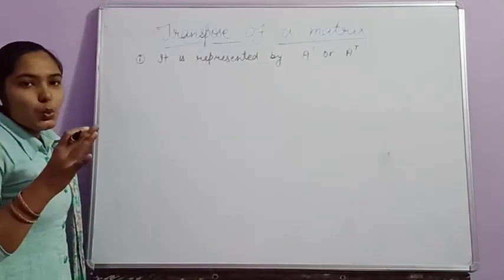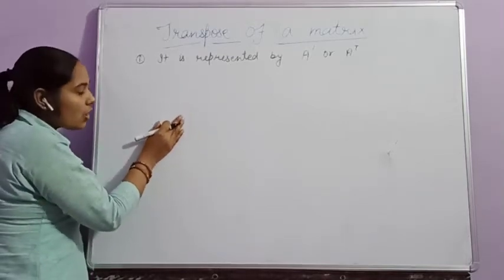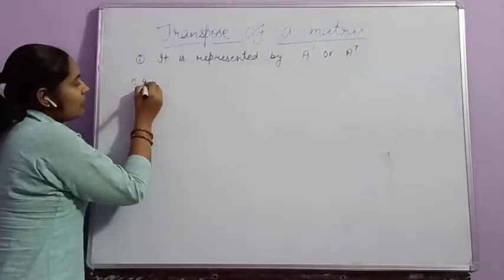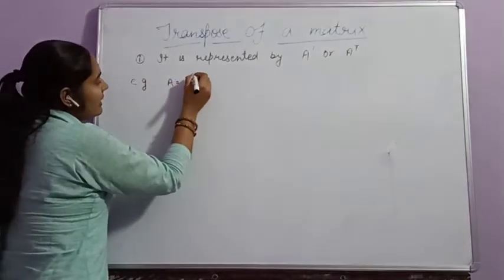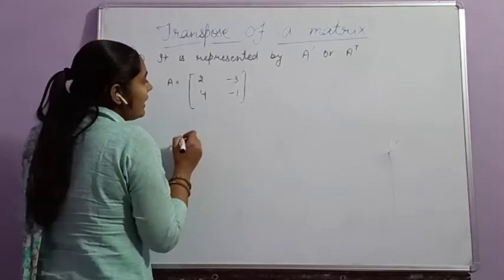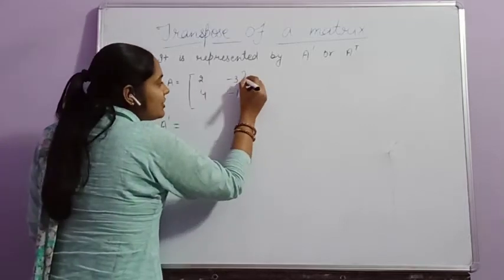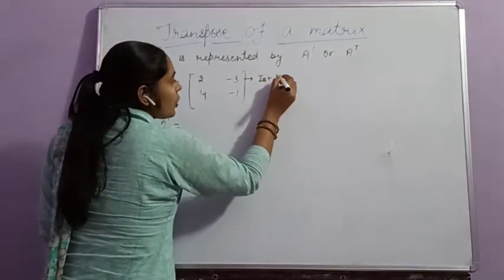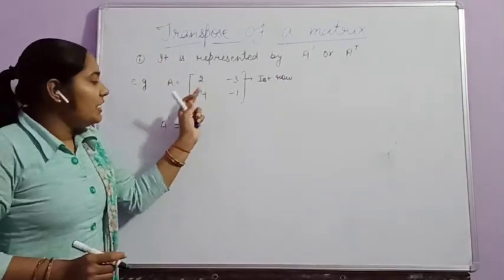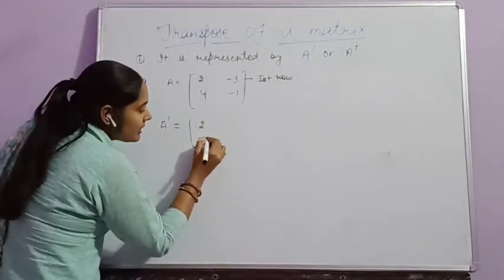For any matrix, we convert rows of that matrix into columns, or you can say that column elements are converted into a row matrix. For example, if a matrix is given to us that is equal to A, 2 4 minus 3 minus 1. Clear? And we have to find out A transpose. Then we know that the first row of A matrix will become the first column in A transpose, that is 2 minus 3.